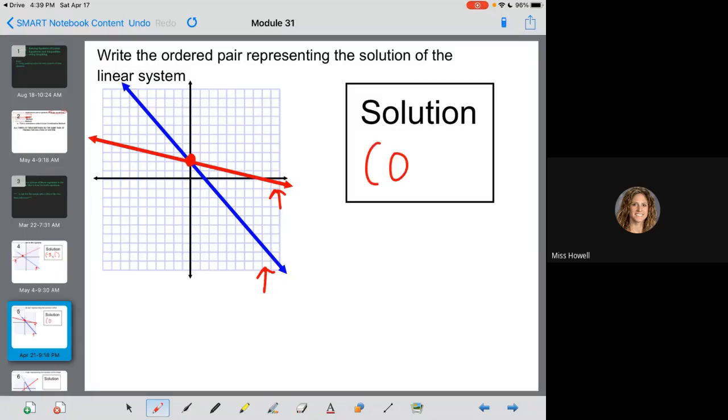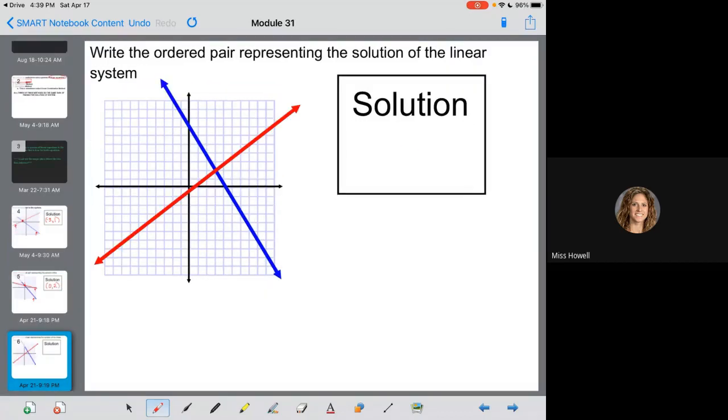Don't go left or right: (0, 2). In this next system of linear equations, again, we're looking for the point that is a solution to the red and the blue line, which is this place where our lines cross or intersect. So 1, 2, 3 to the right, up 2 would be our solution to this particular system of equations.